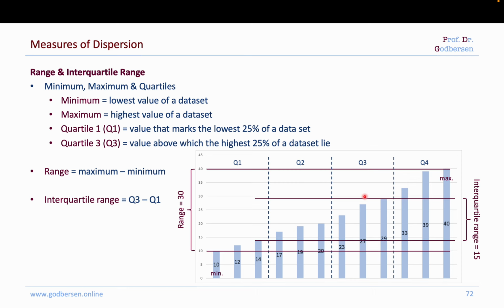Q3 is at 29 years. So we can say 25% of our participants are 14 years or younger, and 25% of our participants, one quarter, are older than 29 years. And then the range would be 40 minus 10, which is 30, and the interquartile range is 29 minus 14, which is 15.